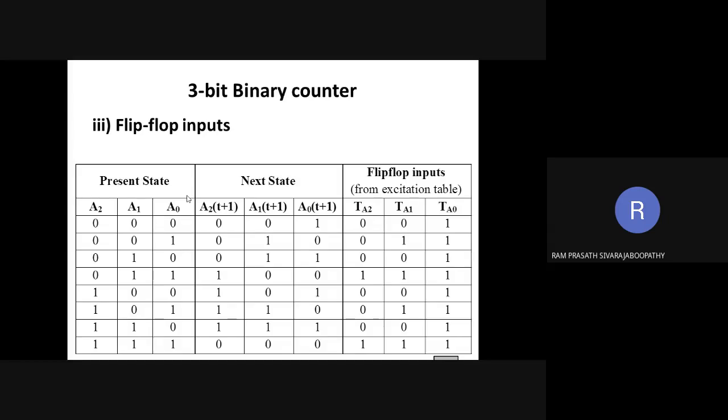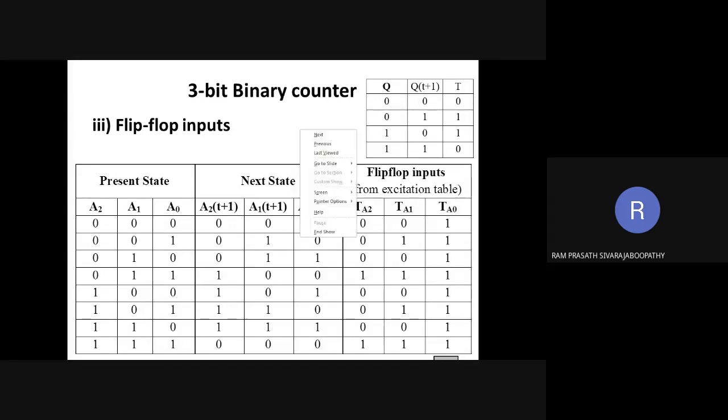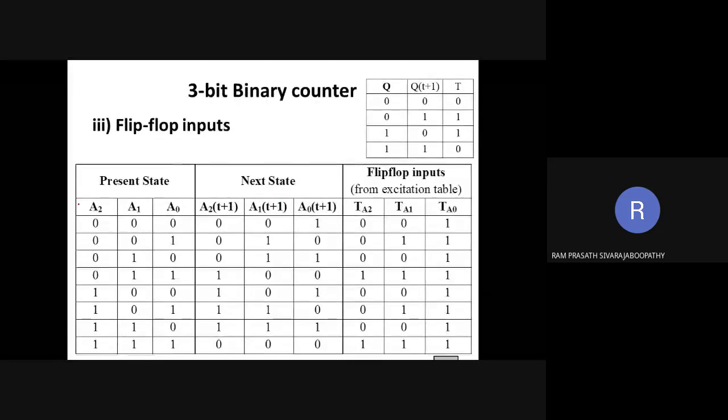Here you can see what I have done using the excitation table. This is the present state for A2. This is the next state for A2. By comparing these two with the excitation table, 00 means 0.